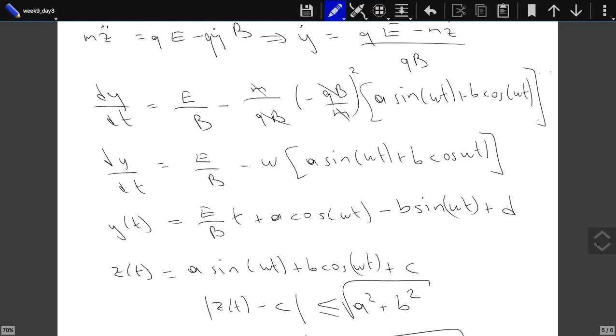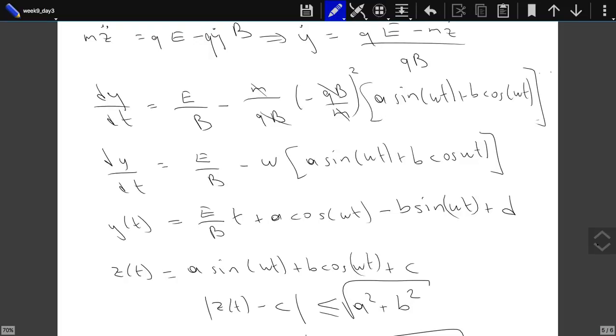No, I didn't make any mistakes. So this is minus a cosine omega t plus b sine omega t. Let me just check the signs. I think this one is correct.